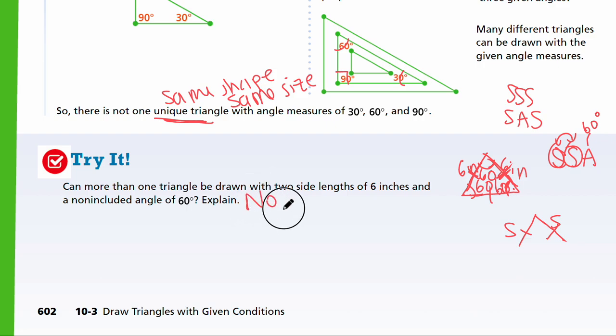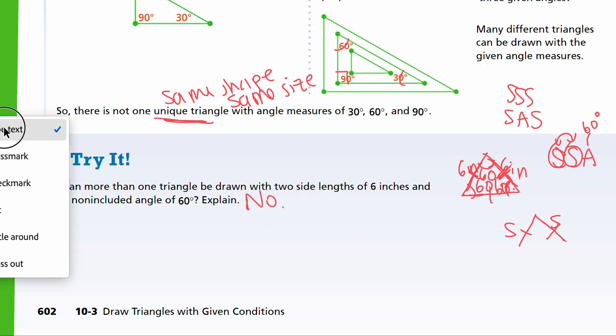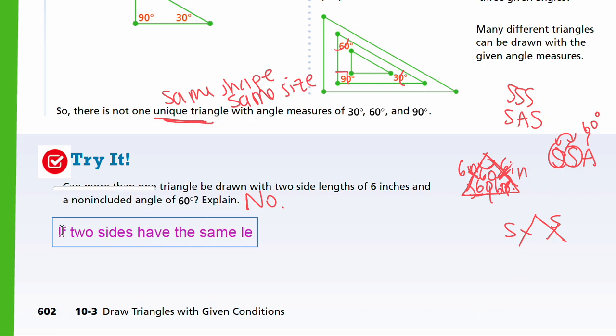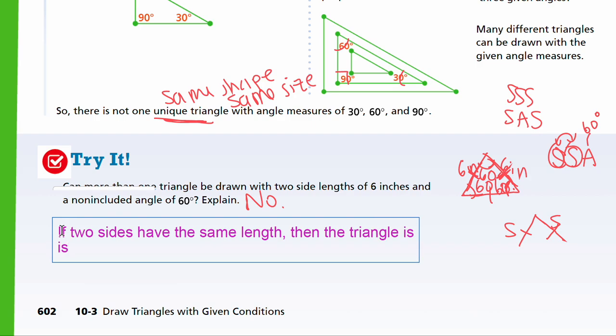So no. Let's explain that in words. If 2 sides have the same length, then the triangle is isosceles.